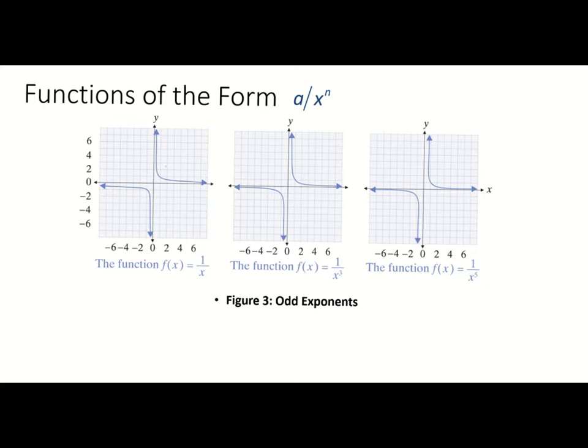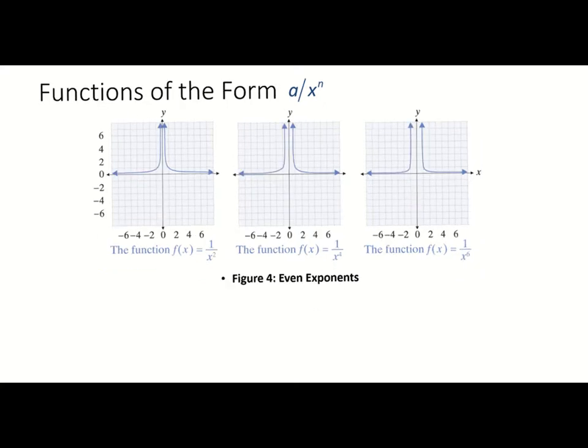It actually splits it into 2 quadrants or 2 separate graphs. And that happens to be the same for 1 over x or 1 over x cubed or 1 over x to the 5th power.